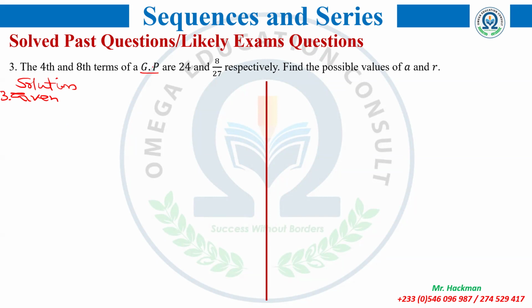Prof. Blaze, I was expecting the whole class to respond. U sub 4, okay, giving U sub 4 is equal to 24. And the 8th term we know is U sub 8, likewise, and that will be 8 on 27.